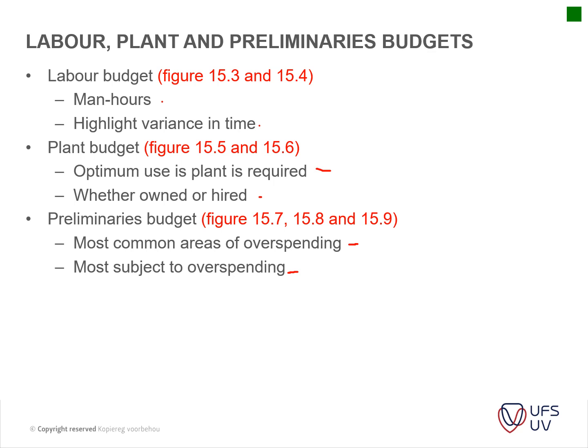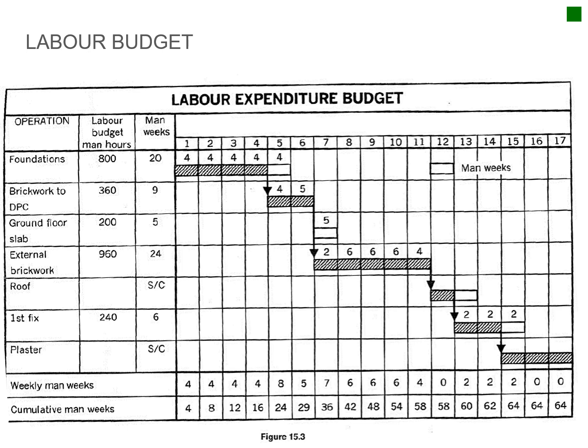I'm not going to go into that this week, but we're going to go into this in more detail later on. So the same principles that we are going to apply for your cost of planning and implementation will apply to all of these.